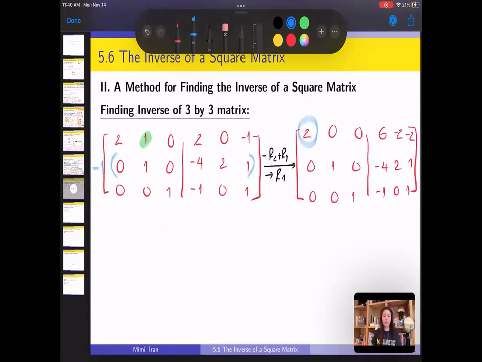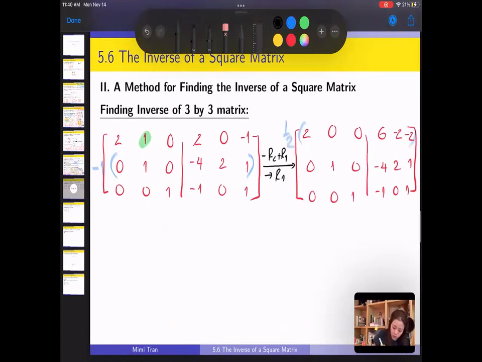So what do I have to do? Multiply the first row by 1/2, right? 1/2 R1, give me new R1 again, because we need to make that into the identity matrix, all 1s in the diagonal.